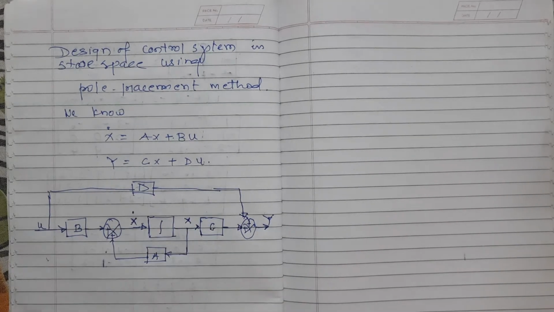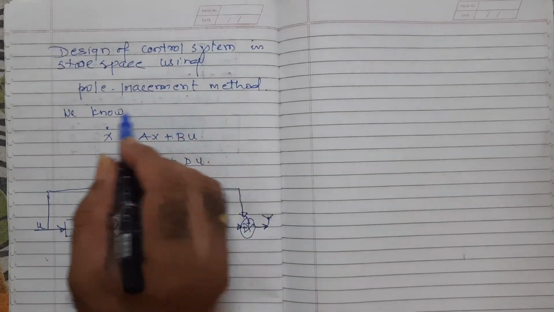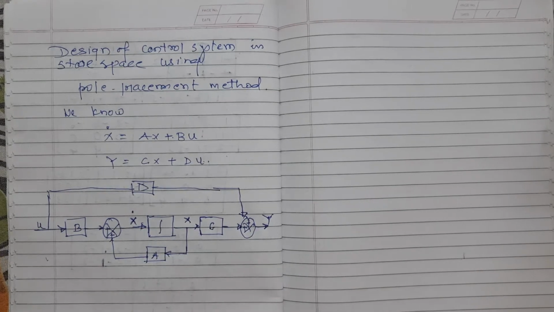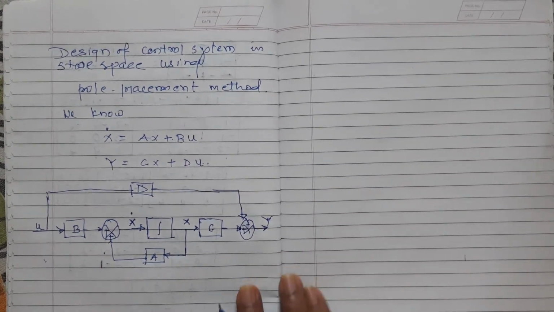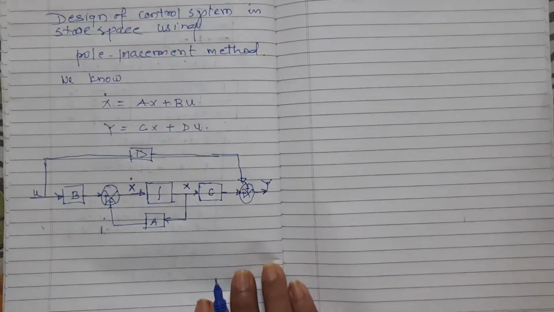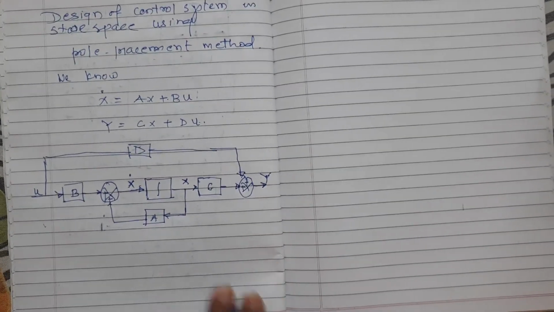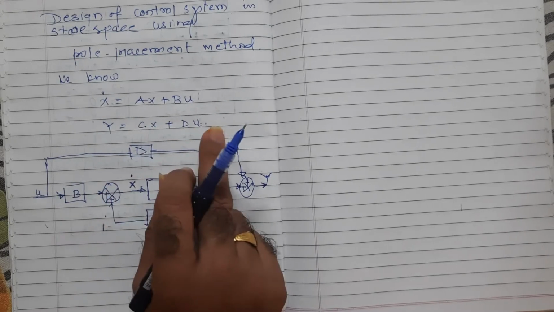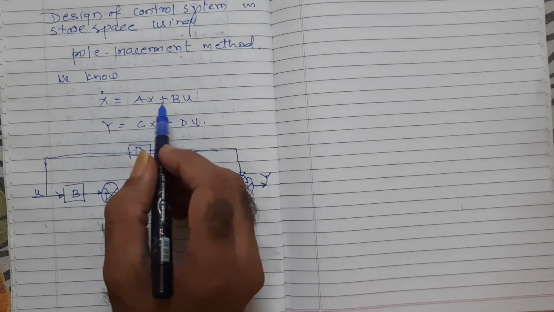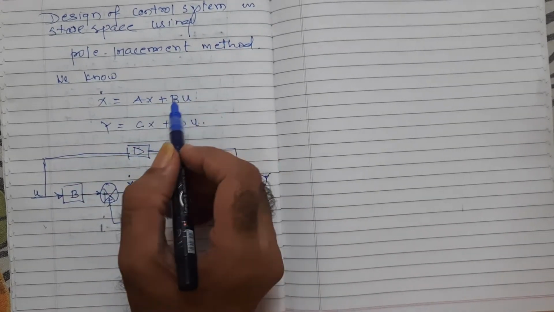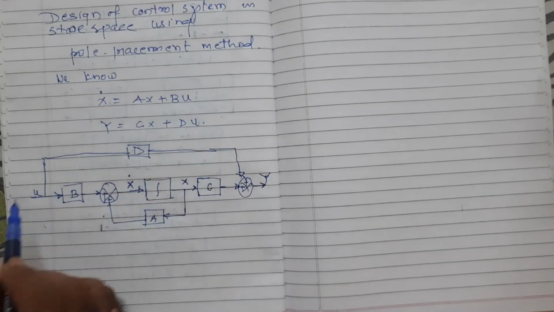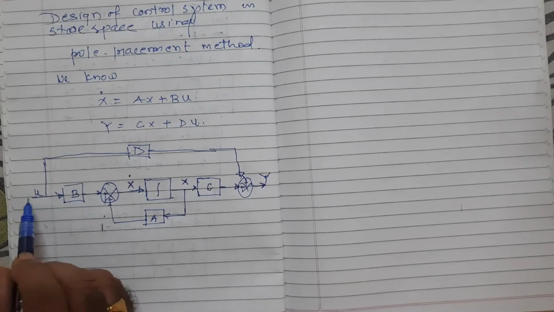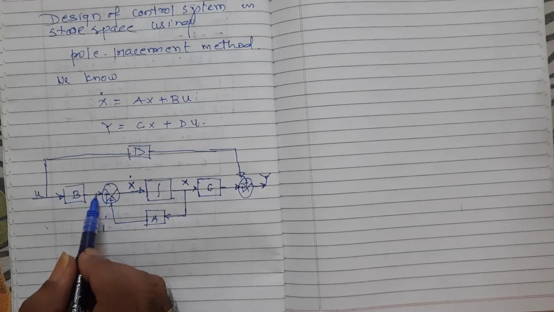So here we have this block diagram from this equation. Once again we will see it in a simple way. Now we know the state equation, x dot equals Ax plus Bu, and y equals Cx plus Du. Now u is my input, multiplied by B, so here we have B into u.